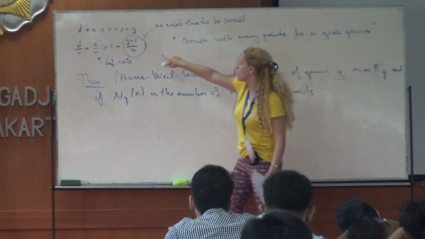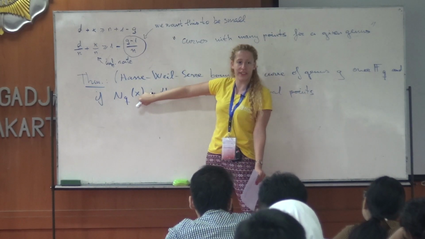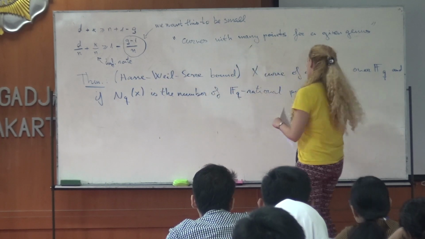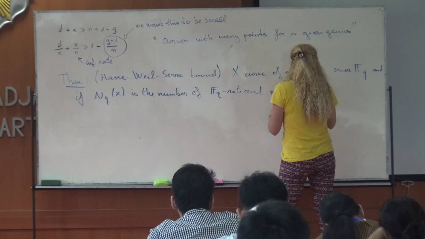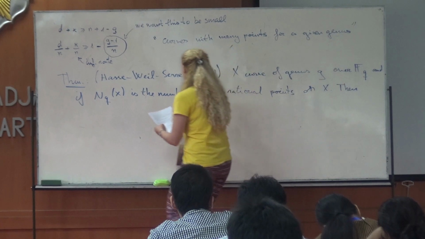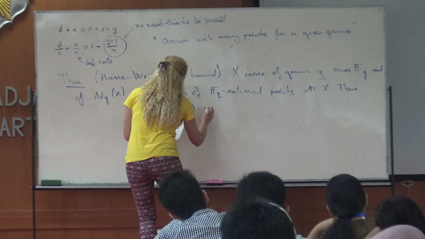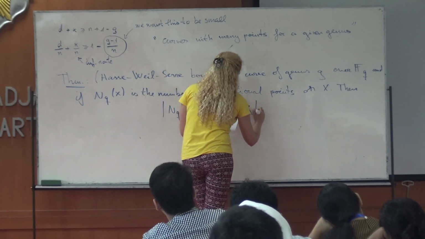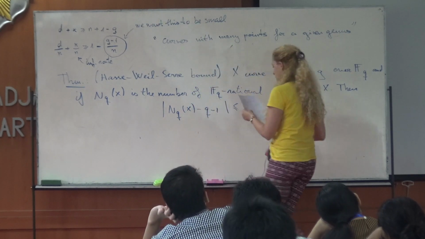If I need to take n points in the curve, I'm going to need n to be smaller than this, because this is going to be the total number of points that I have. The absolute value of this number of points minus q minus 1 is smaller or equal than g times the integer part of this number.